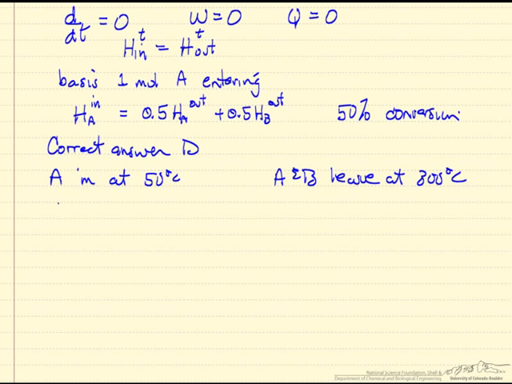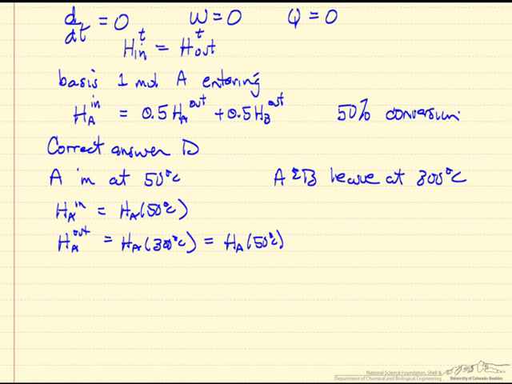The enthalpy of A in is the enthalpy of A at 50 degrees C. Enthalpy of A out is the enthalpy of A at 300 degrees C, which we could write as the enthalpy of A at 50 degrees C plus the heat capacity of A times the temperature difference, 300 minus 50. And we could do the same thing for B.